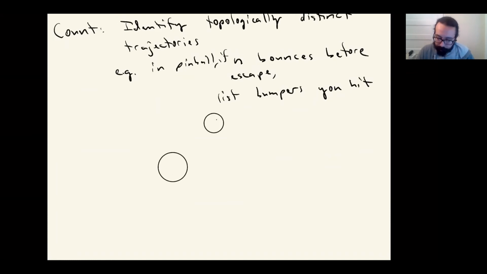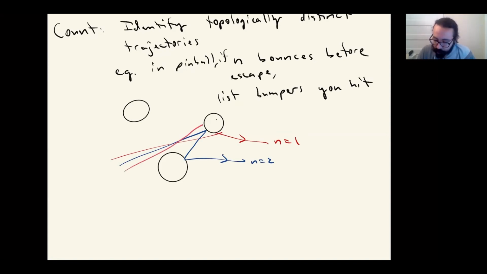We have 3 bumpers, and so I could have trajectories that just hit once. This would be n equals 1. I could have things that hit twice before escaping. This is n equals 2. But I could also have different trajectories that hit twice, so this is also n equals 2.